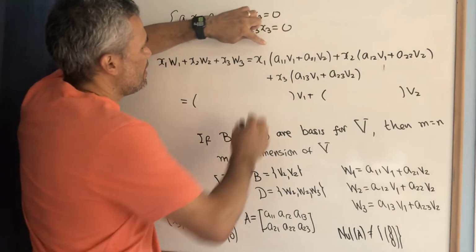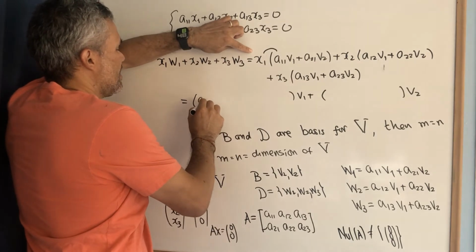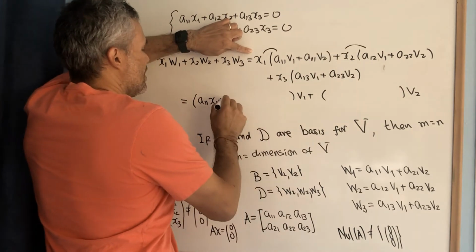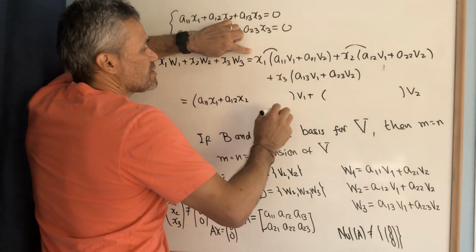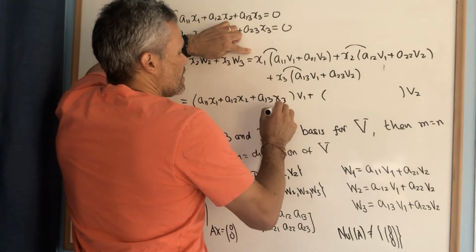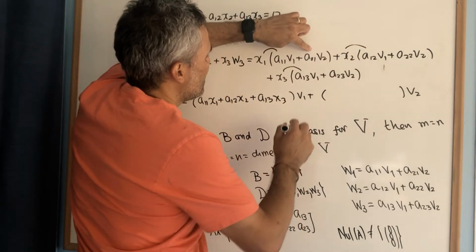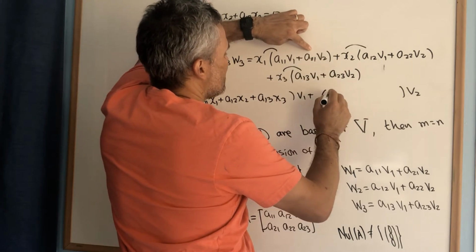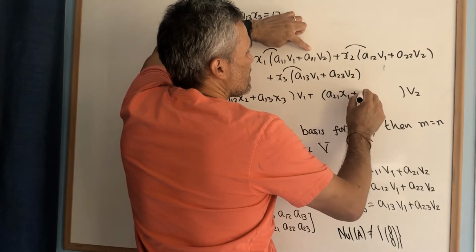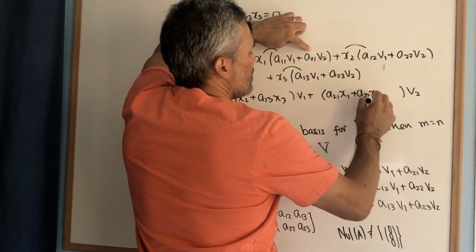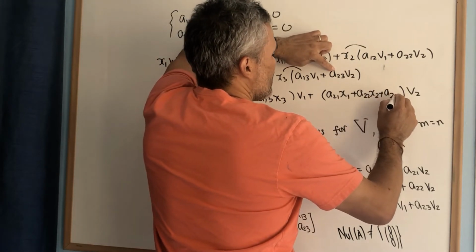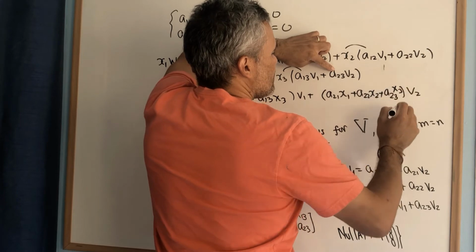I have this term here, which is a11 x1 plus a12 x2 plus a13 x3, and for v2 I can factor this term here, a21 x1 plus a22 x2 plus a23 x3.